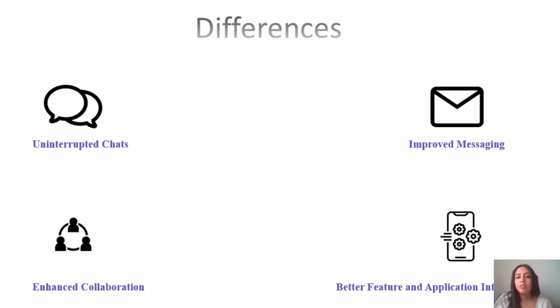Moving now to the main differences between Skype for Business and Microsoft Teams. So, perhaps the first difference that Teams users noticed while comparing Skype versus Microsoft Teams is that their chat is auto-saved in Microsoft Teams. If you are using Skype for Business, you would have noticed that the chat would disappear once the window is closed, while the conversation can still be saved if it requires only that Outlook be the default mail client.